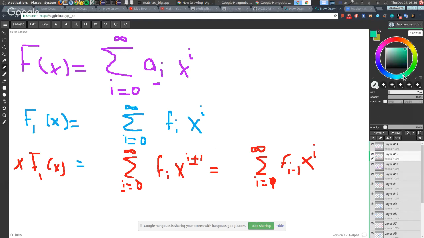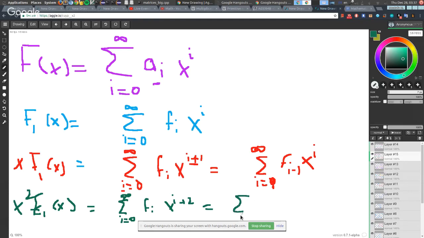You can also multiply another time. So we have x squared times f1, the sum from 0 to infinity of F_i x^(i+2), which after rearranging starts from i equal 2, and we have F_(i-2) x^i to infinity.